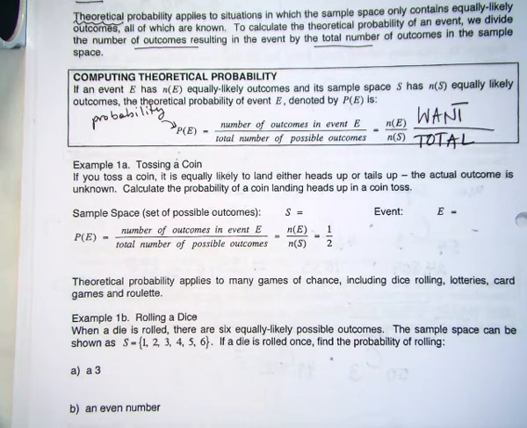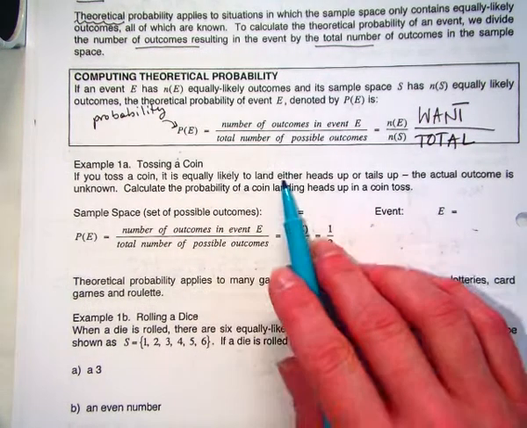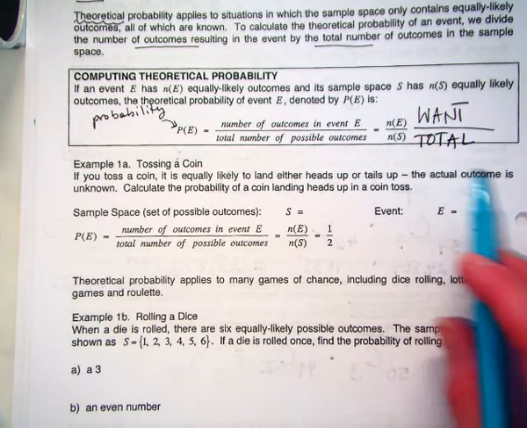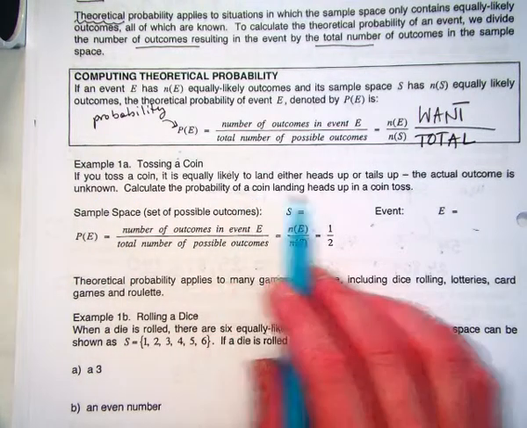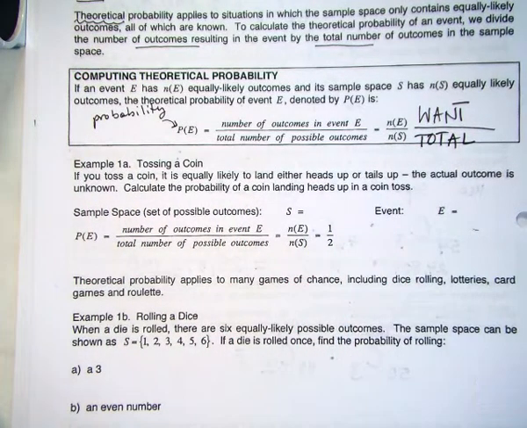So what are the 2 different options you could get when you toss a coin? What are those? Heads or tails. If you toss a coin, it is equally likely to land either heads up or tails up. The actual outcome is unknown. Calculate the probability of a coin landing heads up. Well, how many heads do we have on a coin? 1. Only one side of a coin has heads, the other one is tails.